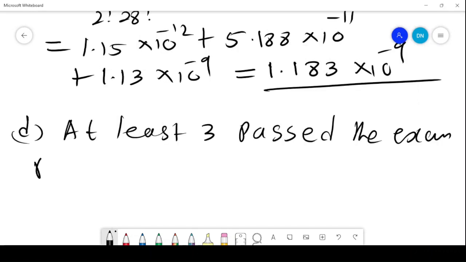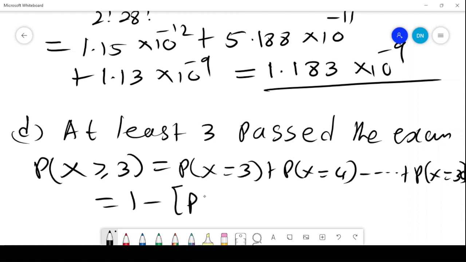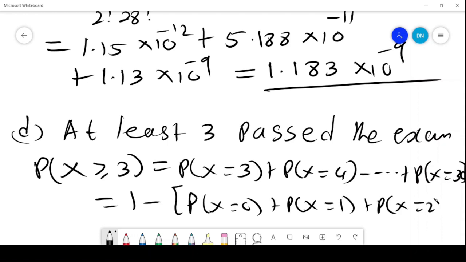The probability of x greater than or equal to 3 will be the probability that x is 3 plus the probability that x is 4, all the way until the probability that x is 30. And this is the same as 1 minus the probability that x is 0 plus the probability that x is 1 plus the probability that x is 2.